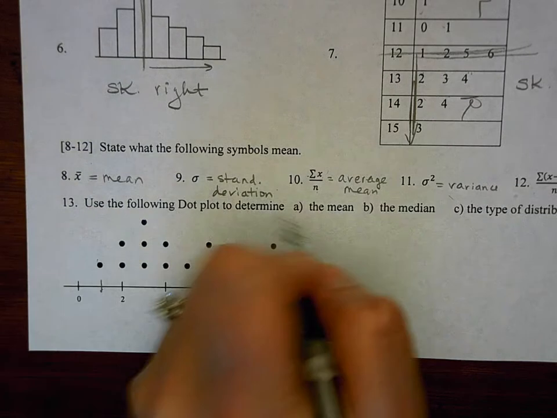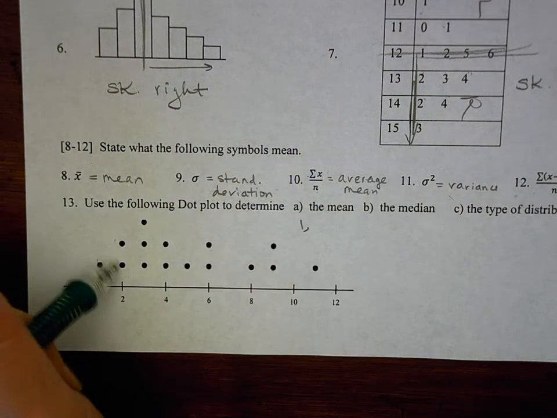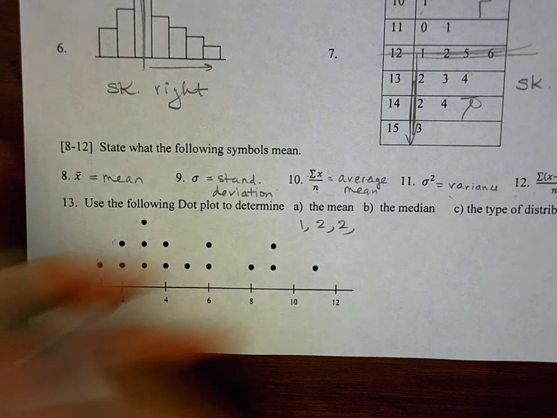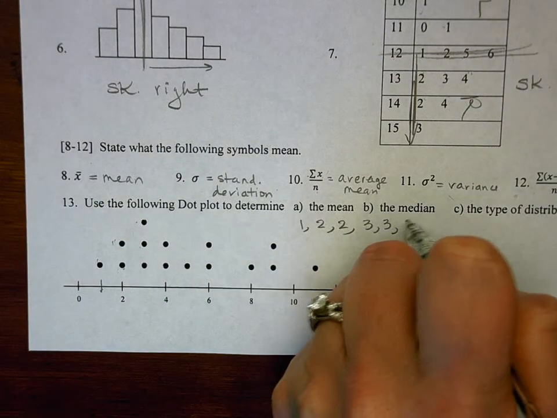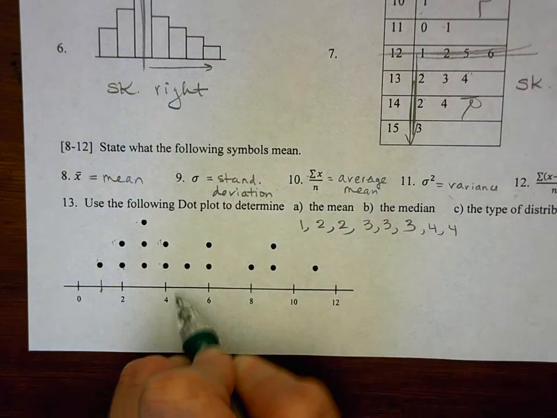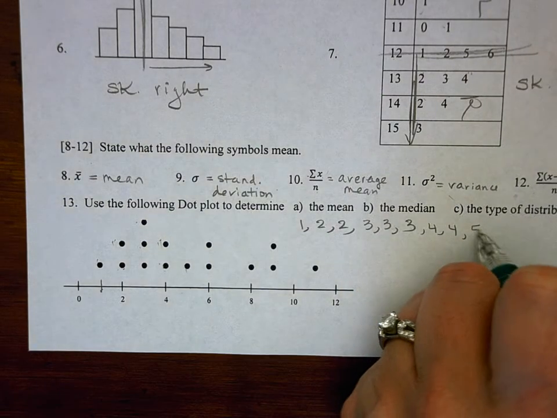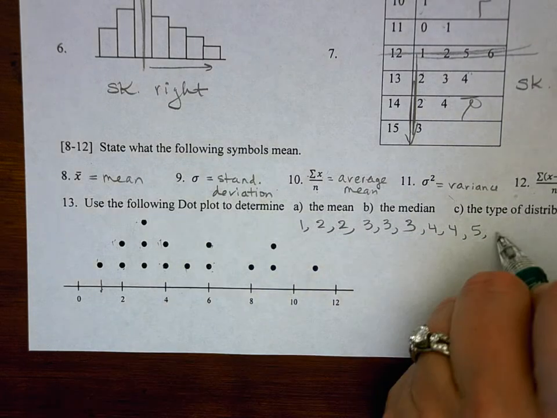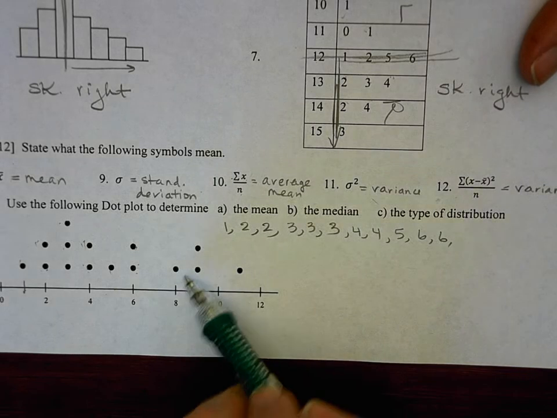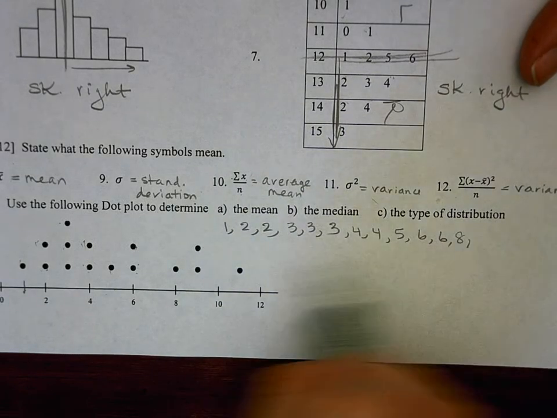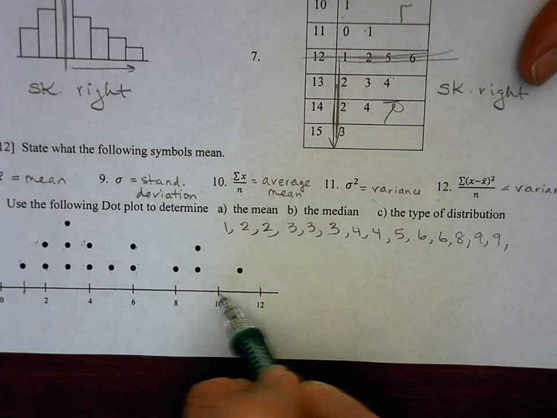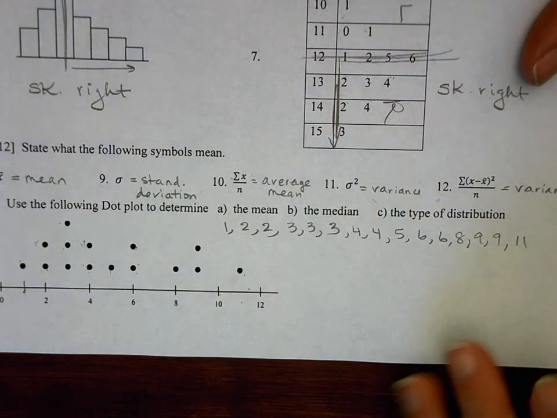I have one dot at 1, 2 dots at 2, 3 dots at 3, 2 dots at 4, 1 dot at 5, 2 dots at 6, 1 at 8, 2 at 9, none at 10, and then 1 at 11. So those are my data values.